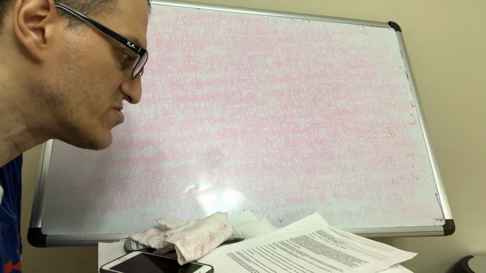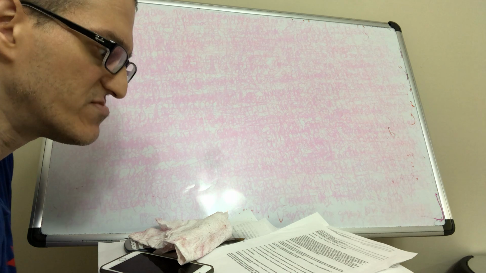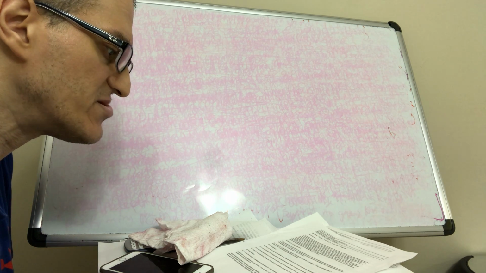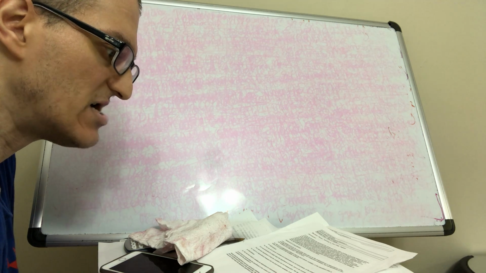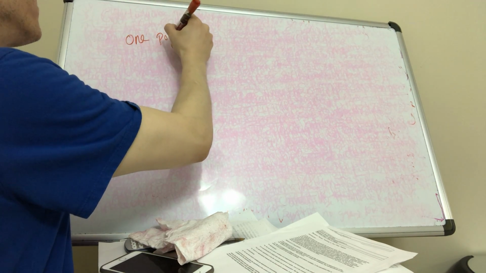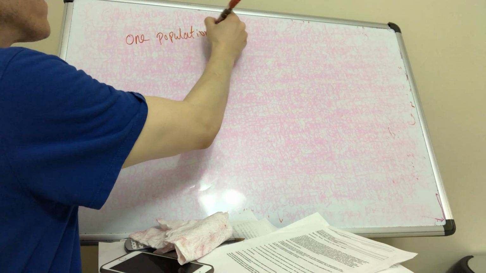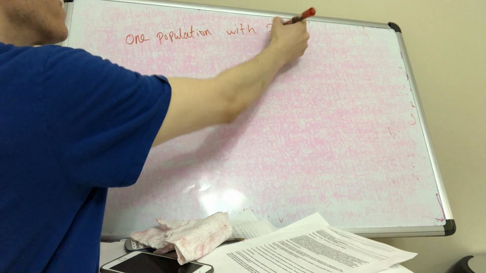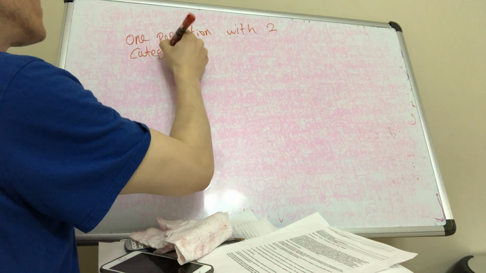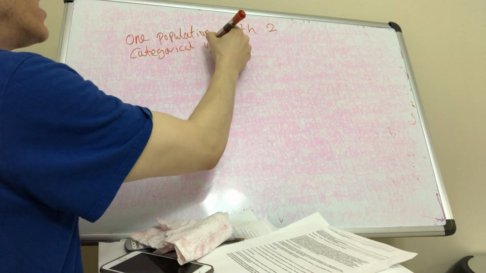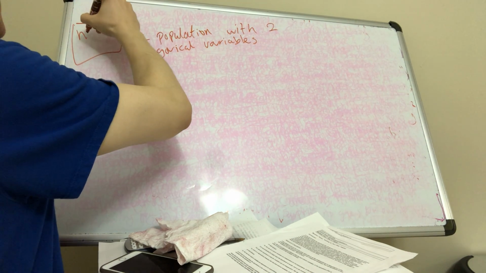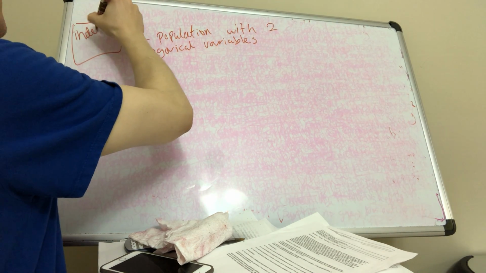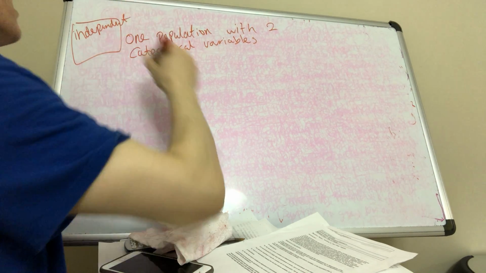The difference between homogeneous and independent is whether you have one sample and 2 categorical variables. So one population with 2 categorical variables. If that's the case, then you would have the independent type.